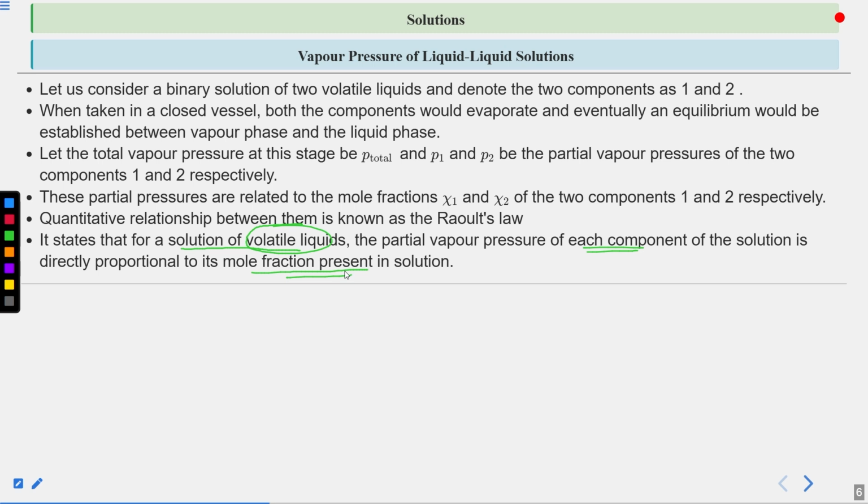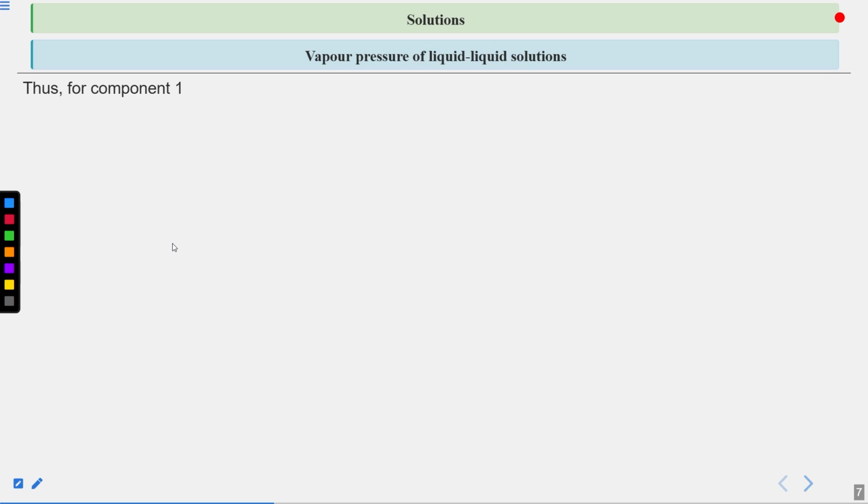I hope we are getting the point here. If we apply this law to component 1, which is volatile, we can write P1, the partial pressure of 1, is directly proportional to the mole fraction of 1.